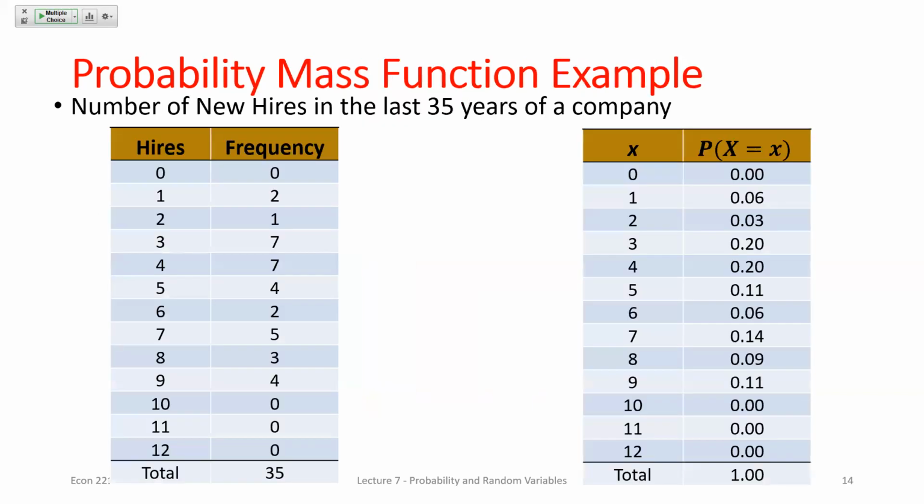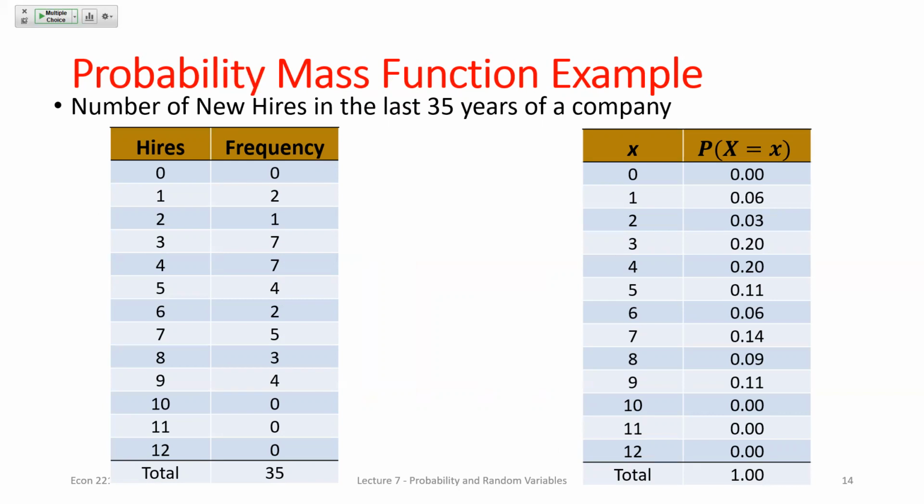So if I've got all this, how might I come up with what I would call the expected number of hires this next year? The expected number of hires, you could also think about is actually going to be, based off historical data, the mean number of hires.